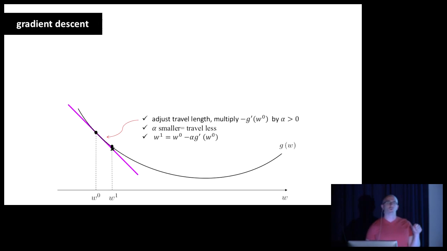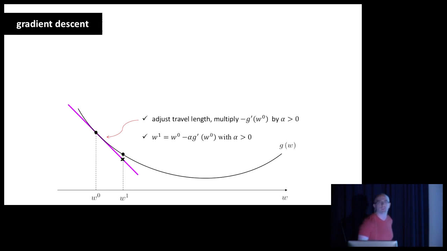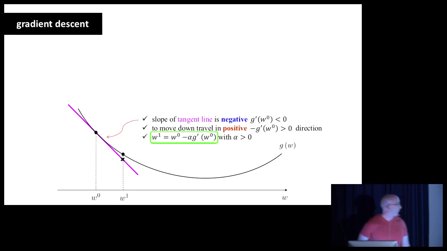So I can control how far I travel in that direction by putting a little parameter there, making w1 equal to w0 minus that derivative at w0 times a little constant I can play with. And there you go. That's a perfectly logical way of using the tangent line, traveling downward on it to therefore travel downward at least one step on the cost function g.